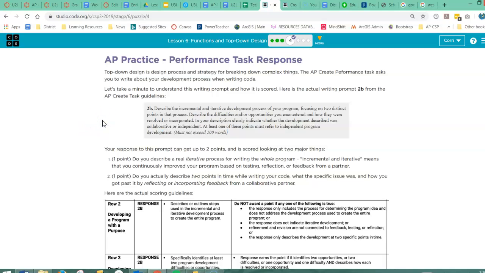So basically what we're talking about here is you have to describe how you planned and tested. That's the incremental and iterative, that's planning and testing, or the top-down design. How did you plan a particular piece of the program that you're writing?